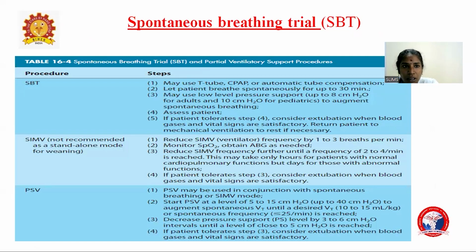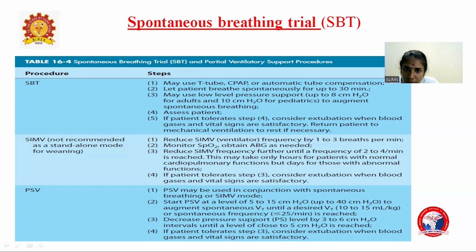Moving on to the stepwise procedure for the spontaneous breathing trial. The first step in SBT is that you may use T-tubes, CPAP, or automatic tube compensation. Let the patient breathe spontaneously for 30 minutes.